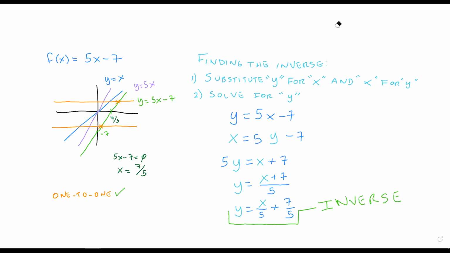I'm going to clear this and let's look at the next one. The next one we already saw that it's one-to-one. So the next one is y equals x to the 3. And we already saw that this function is one-to-one.